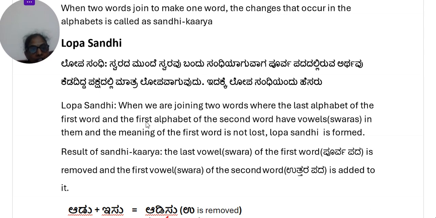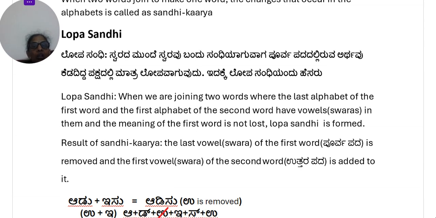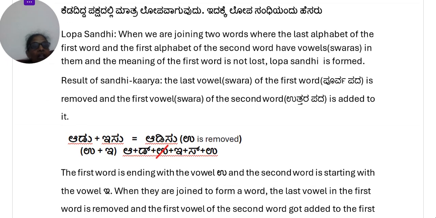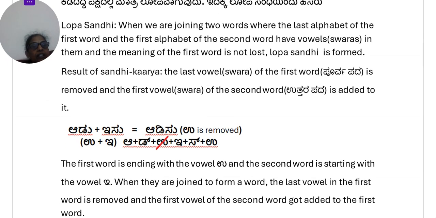So let's see the definition here in English. When we are joining two words where the last alphabet of the first word and the first alphabet of the second word have swaras in them, and the meaning of the first word is not lost, then Lopa Sandhi is formed. So what is the result of Sandhi Karya? We saw that Sandhi Karya is some change that occurs.